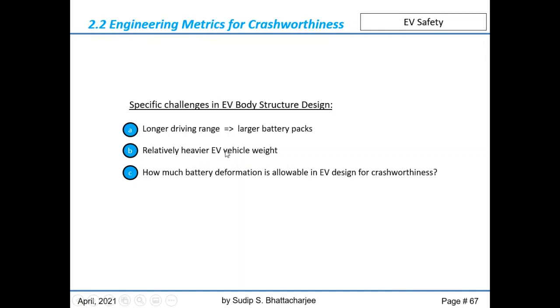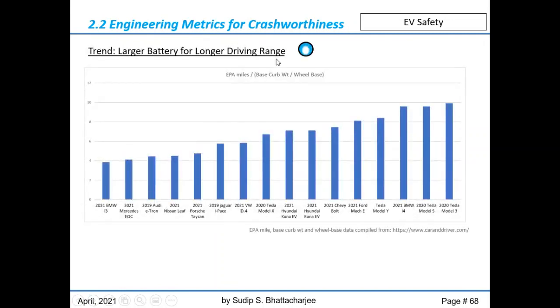So we will have to deal with relatively heavier EVs. And then the question comes: how much deformation am I allowed to take in the EV design in different modes? These are the three critical challenges an engineer faces in crashworthiness design of EVs. So let's go through those in a little more detail.